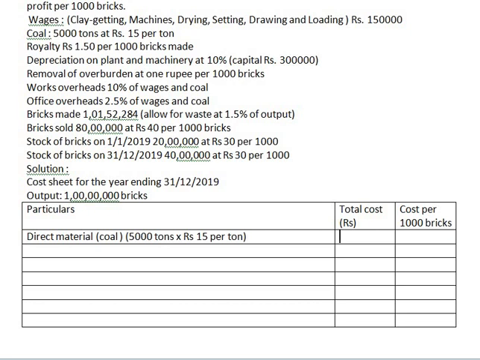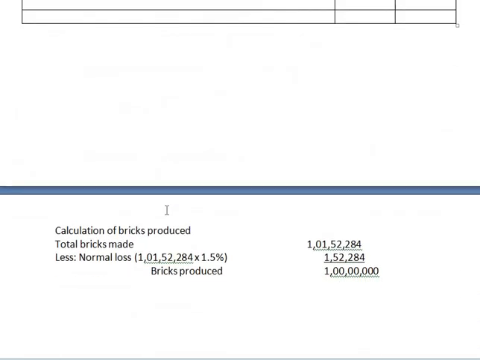So make the calculation: 5000 into 15 is 75,000. Now cost per 1000 bricks they have told us, so there is one more calculation. Do not show this calculation; it is just for your understanding purpose. This will be total cost. I'll show you here how it is.